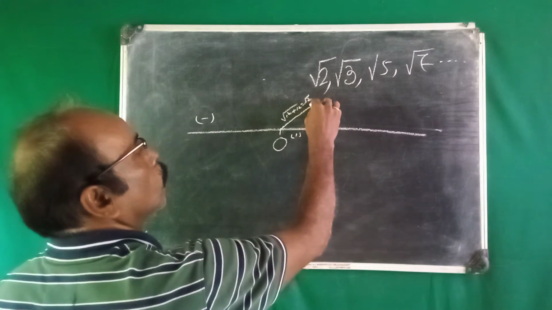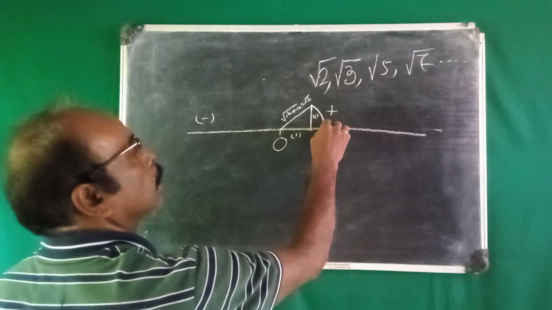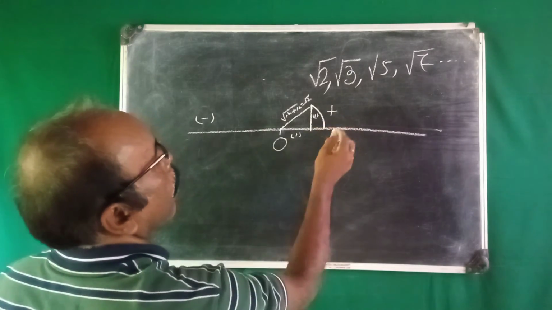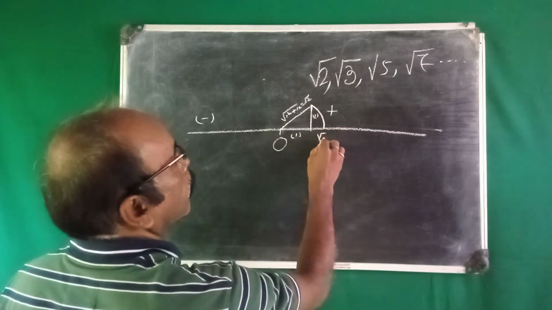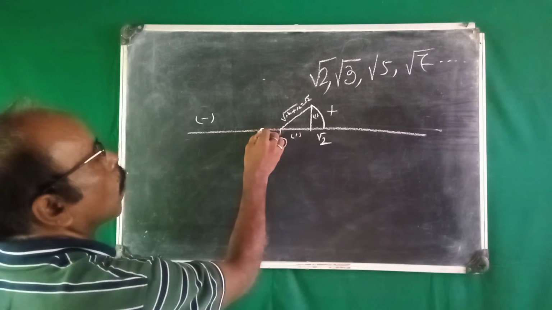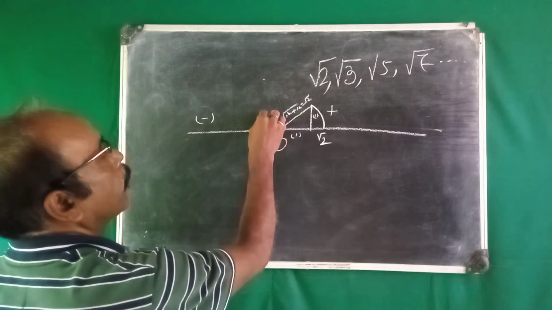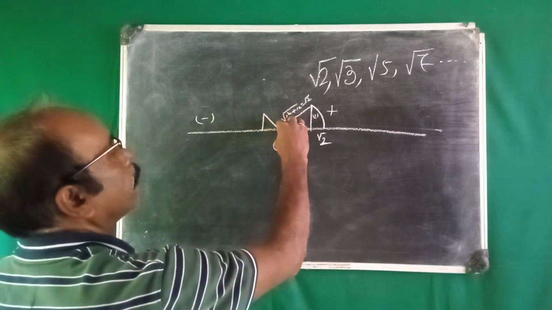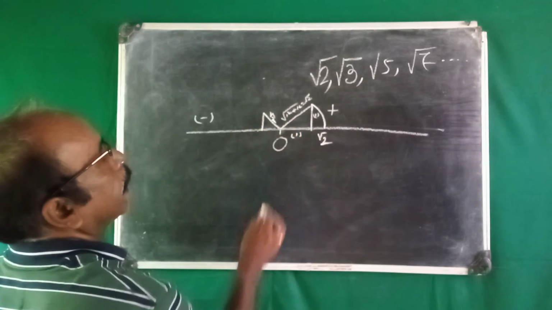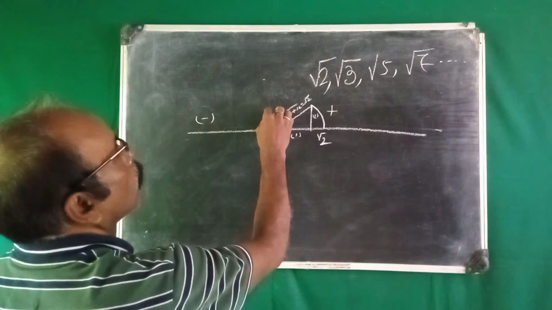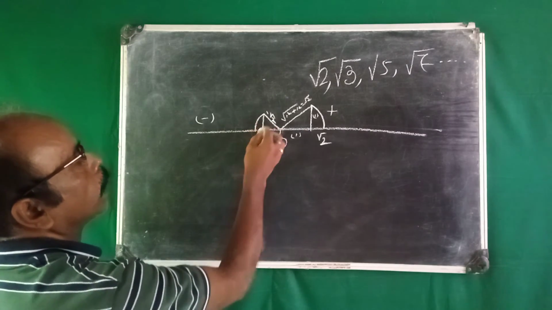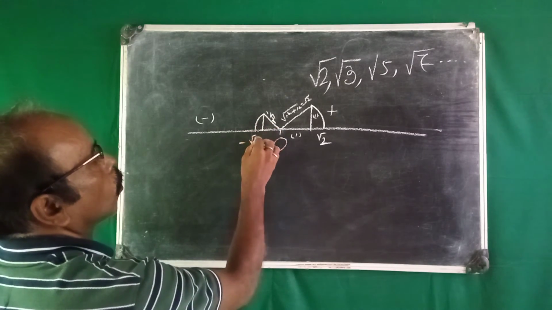Then we join it with an arc to the straight line. This is root 2. Similarly, on the negative side, we take 1 unit base and 1 unit height. We join it like this, and this will be root 2. Then minus root 2 on the number line will be like this. This position is minus root 2.